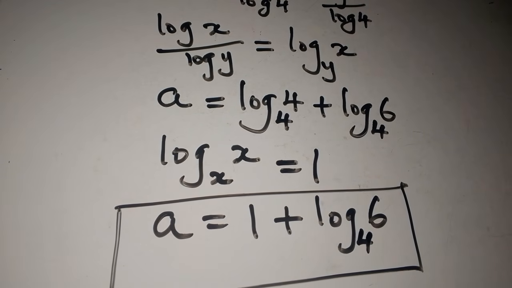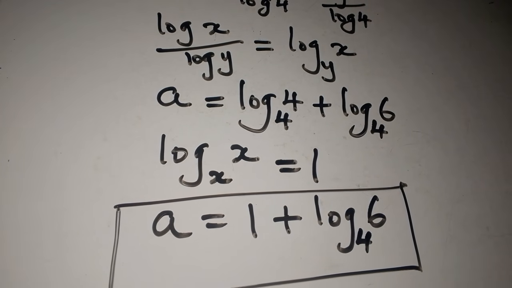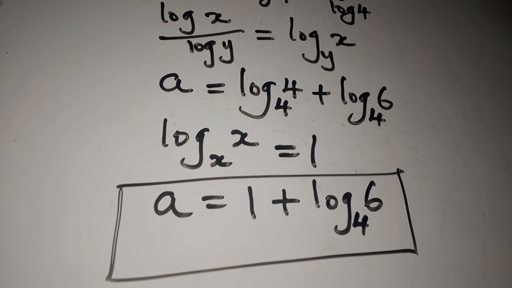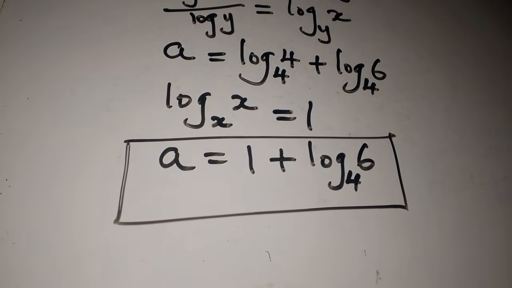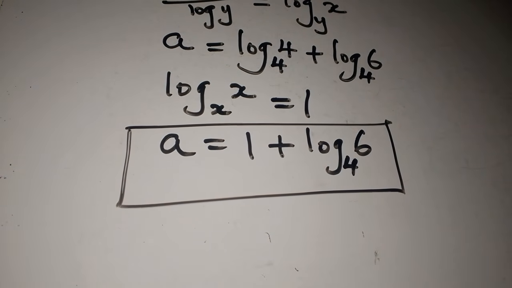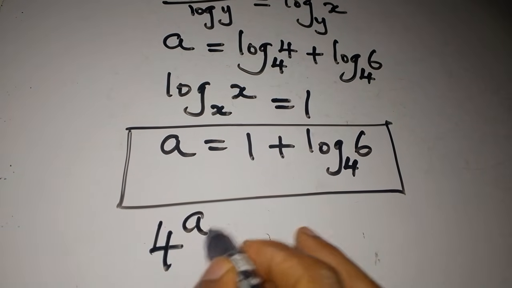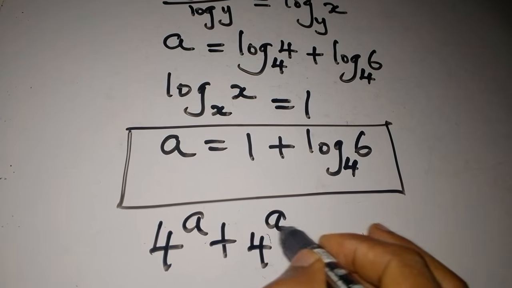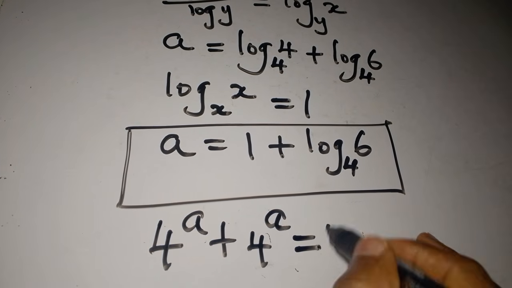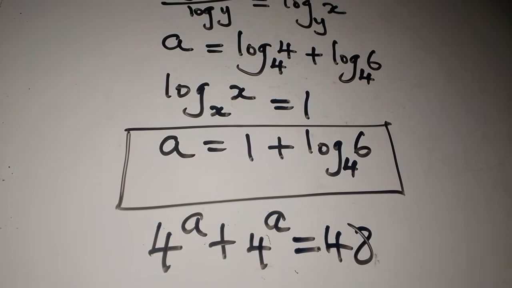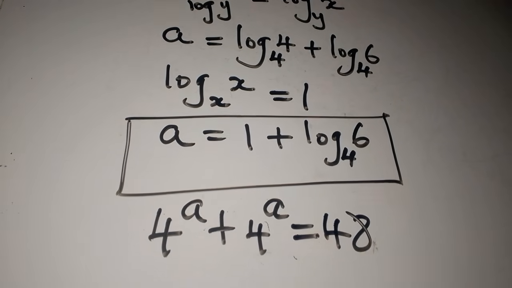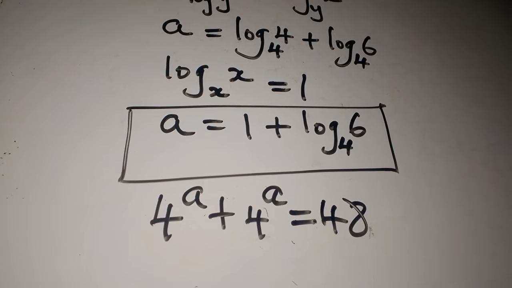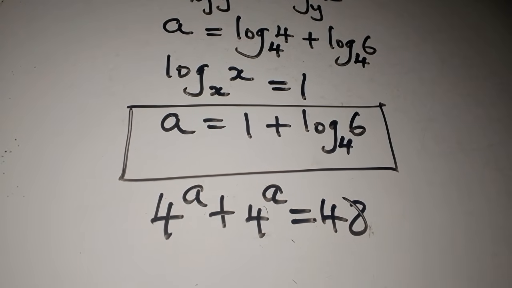But we are going to put this back into the equation very quickly to see what we are going to have. The given equation is 4 to the power of a plus 4 to the power of a equals 48. Now you need to stay back, because I will still use some laws of logarithm to do this verification.